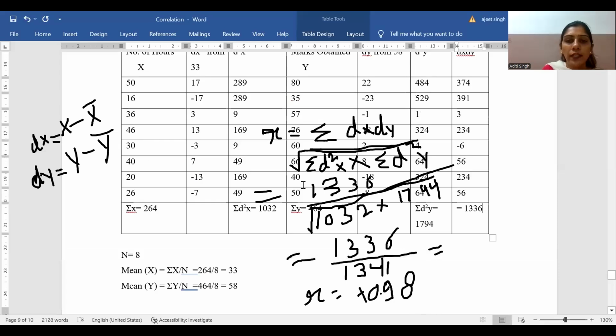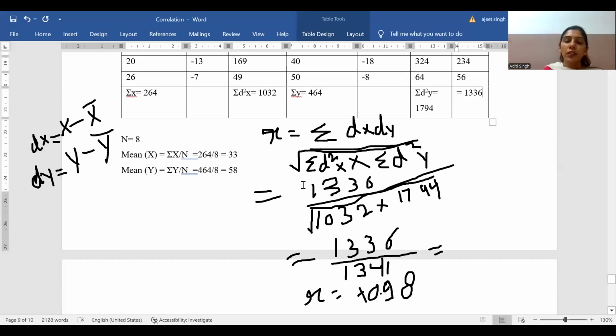As you can see, what we have done is that we have first calculated the mean of the given variables, both x and y. With the help of this, we have calculated dx, and from dx we have calculated d square x. Similarly, we have done it for variable y.